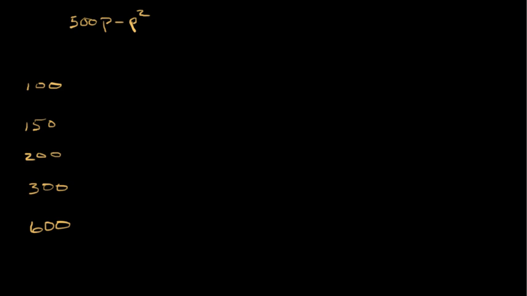Okay, now I'm going to show you even a faster way. It's still plug in. This was our given right here, 500 p minus p squared. If you had factored out a p right here, you would end up with p times the quantity 500 minus p.